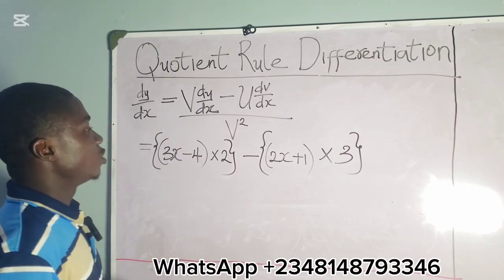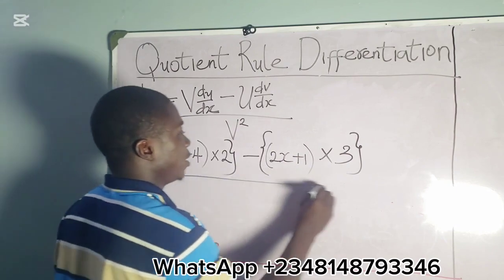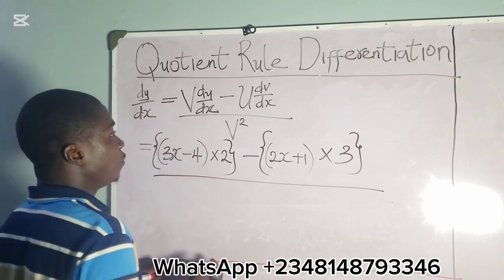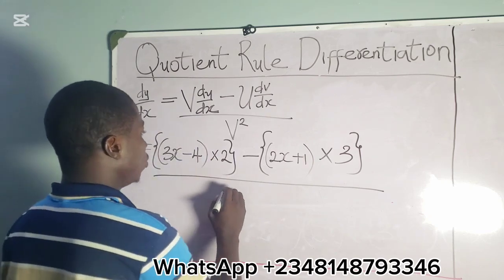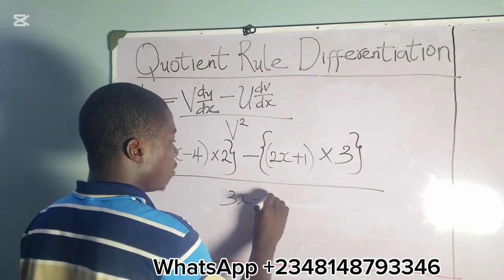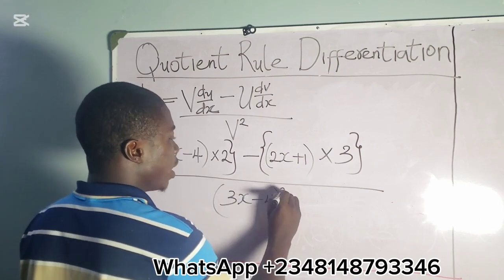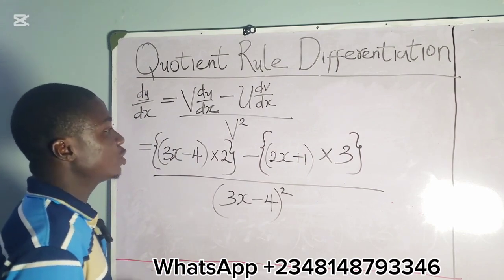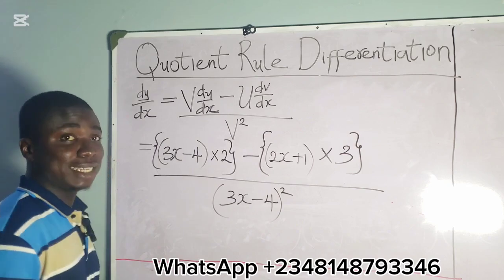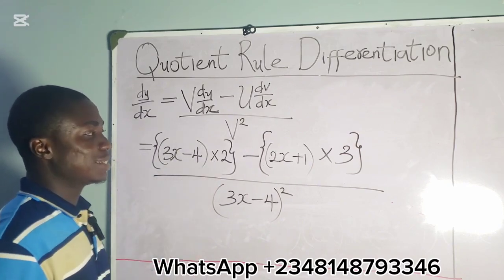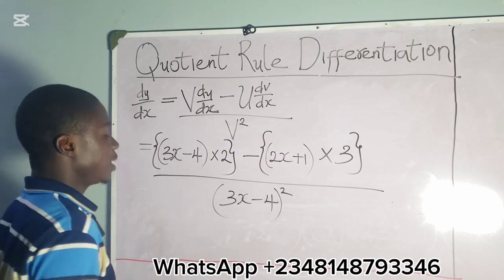All right, so all over v squared. So what is v squared? v is equal to 3x - 4, all squared. So that is v. All right, so what's our next task here? Our next task is to expand this bracket.